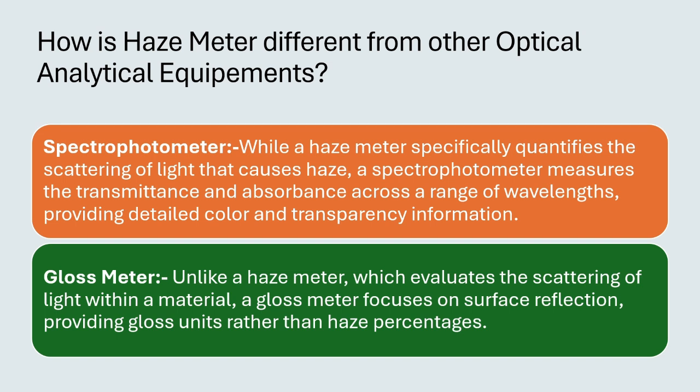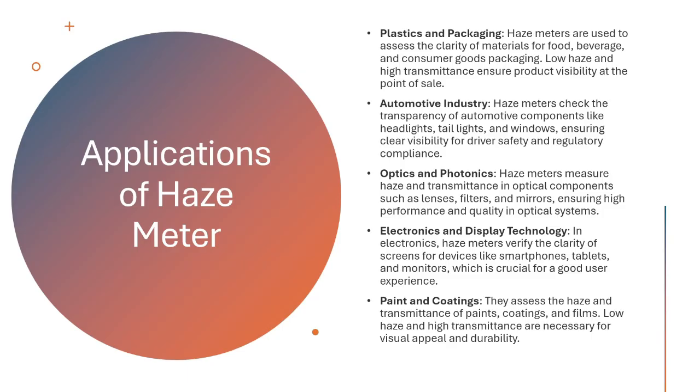Whereas a haze meter specifically quantifies scattering light that causes haze, only at a particular wavelength. Also, the second most used is the gloss meter, which usually focuses on surface reflection and provides gloss units rather than haze percentages.